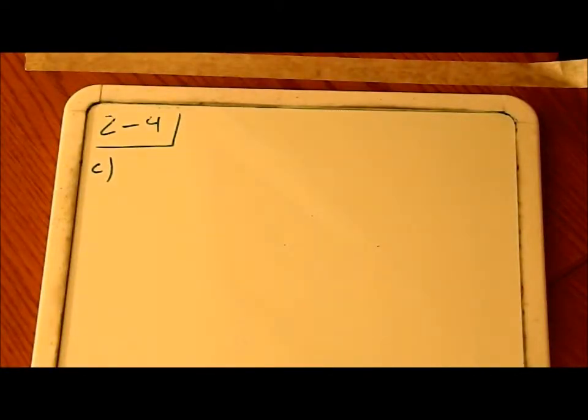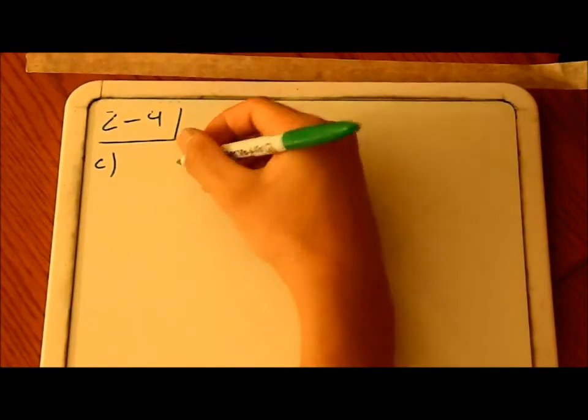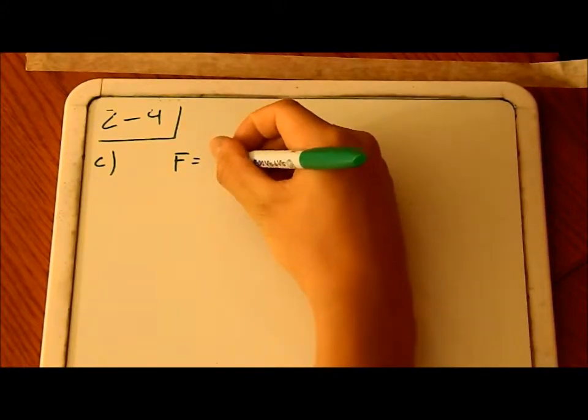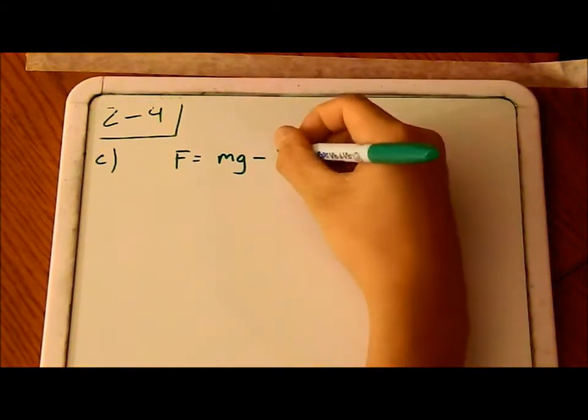Okay, so part C. Part C asks us to write a differential equation to find the instantaneous speed v of the ball at any time, t. So we know the force on the ball is gravity minus air resistance.